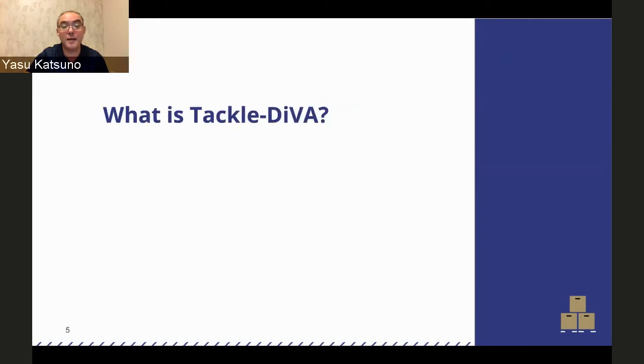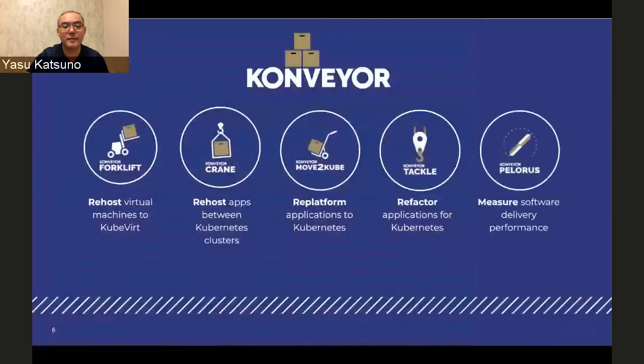What is Tackle-DiVA? Before digging into Tackle-DiVA, let's remind ourselves of Konveyor. The Konveyor community has five projects: Forklift, Crane, Move2Kube, Tackle, and Pelorus. Tackle-DiVA joins the Tackle project that aims at refactoring applications.